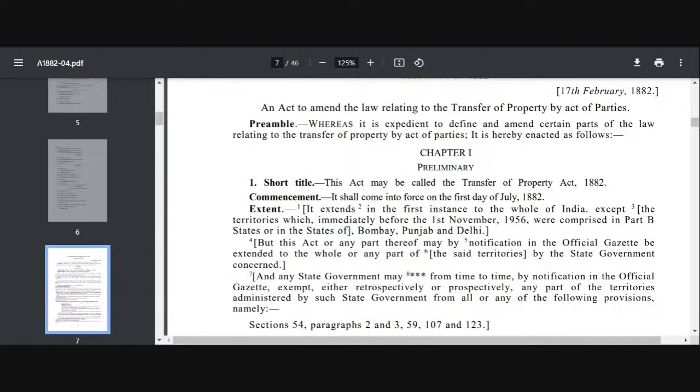And it is completing the law of contract also, because before this Act there was contract, but there was no enacted law for transfer. So the TP Act completes the Indian Contract Act, right? And then it makes provision for inter vivos transfer, that is between living persons, right?